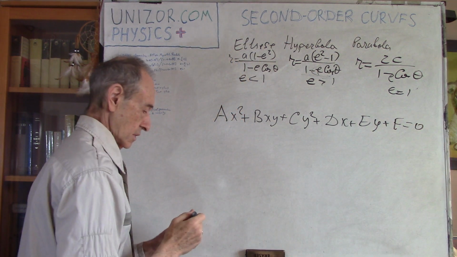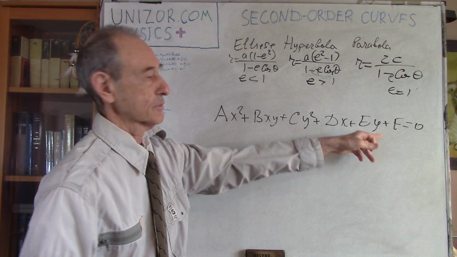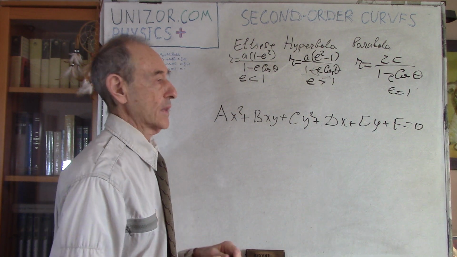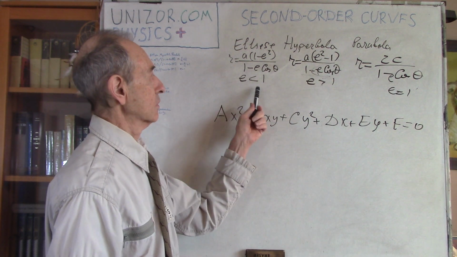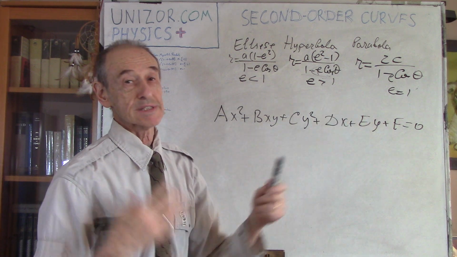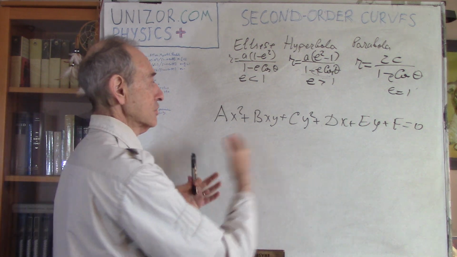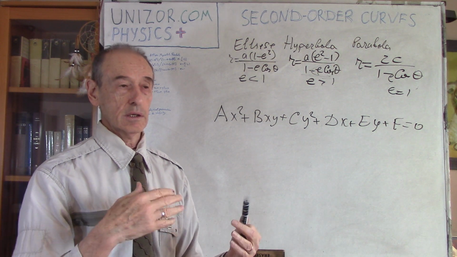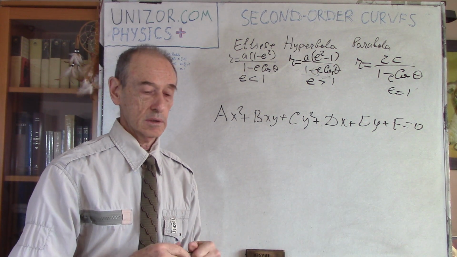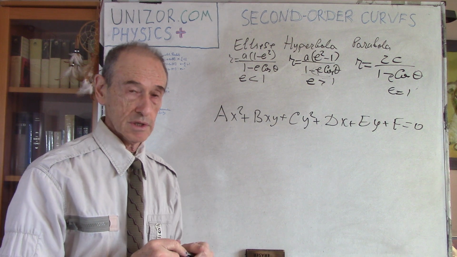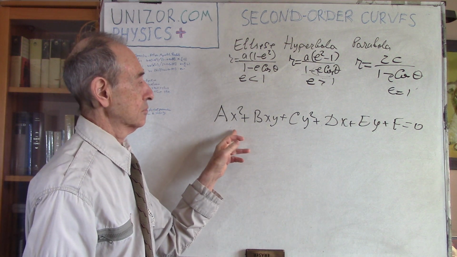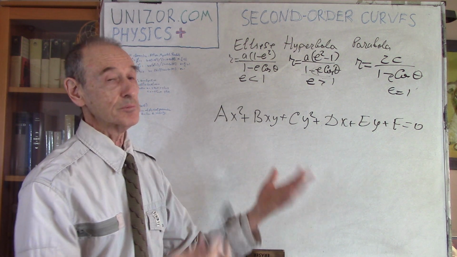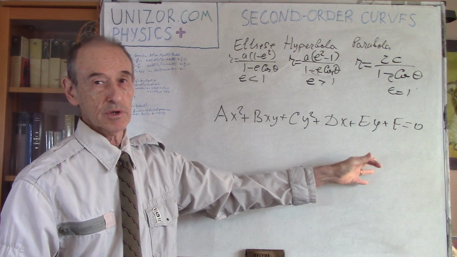If you have just a polynomial of the second order. Now, why did I say that it will be only this, or this type? So, can you convert it using maybe another Cartesian system of coordinates to a simpler representation of the same curve?